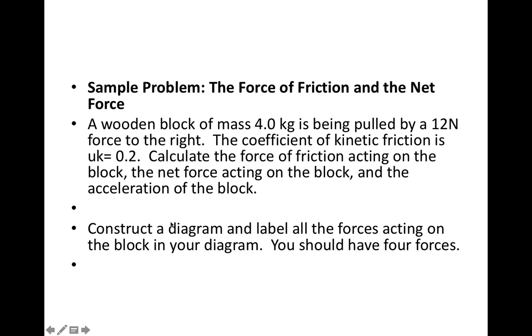So in this case, you can construct a diagram. So you have a block and you have F applied, and you have F friction.